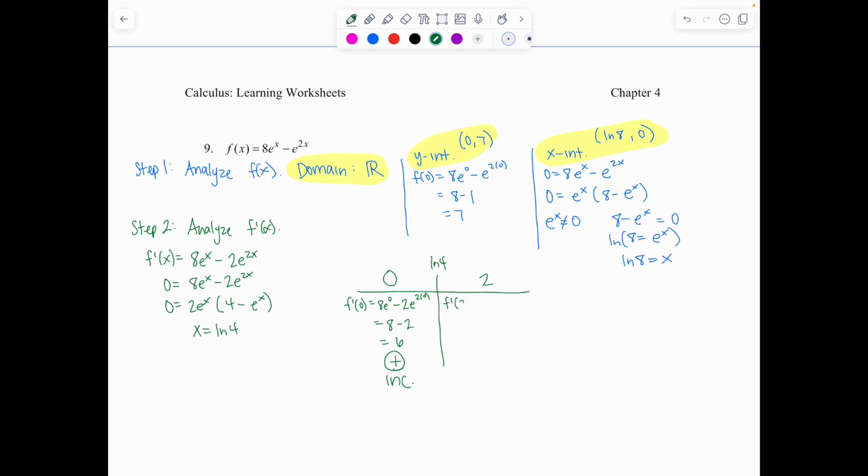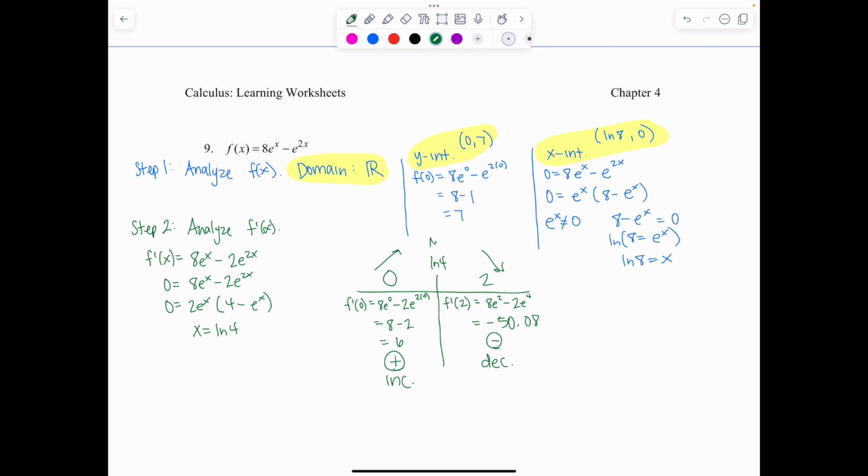Our derivative at 2, 8e squared minus 2e to the 4th should give us about negative 50.08. Negative, decreasing. It goes from increasing to decreasing.